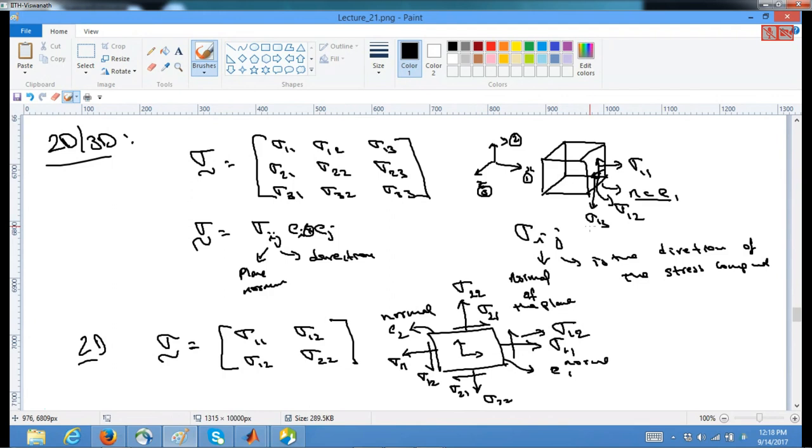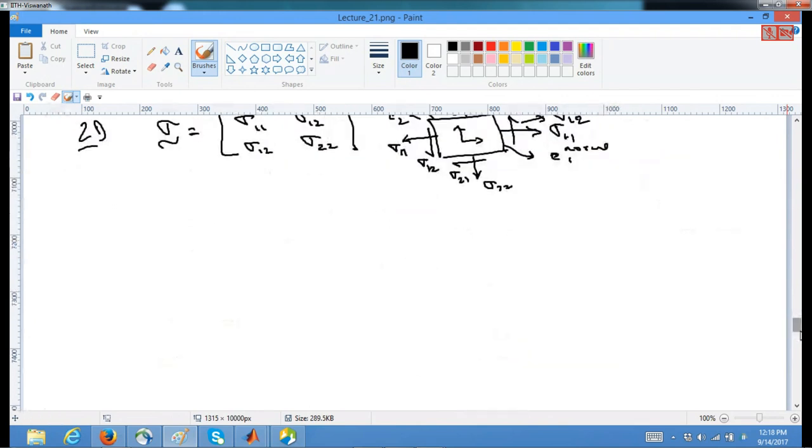Next, what we'll do is similarly there would be a strain definition. The strain epsilon would be in a similar manner: epsilon 1 1, epsilon 1 2, epsilon 2 1, epsilon 2 2.